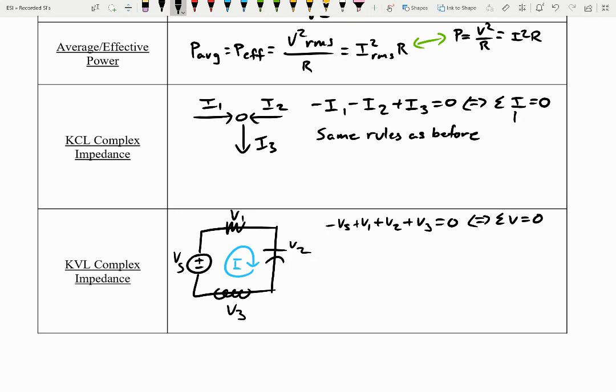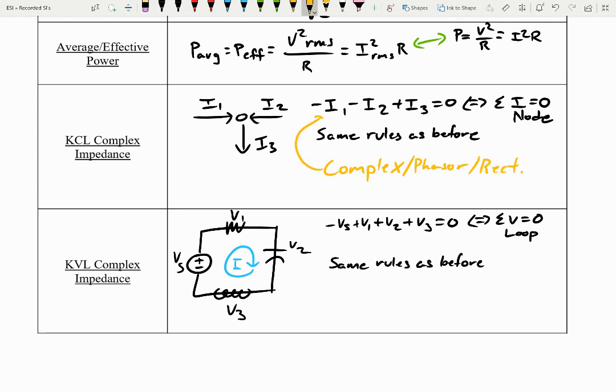Okay. So node, loop. So these are just the same rules as before. But keynotes, these are all in complex, phasor or rectangular.